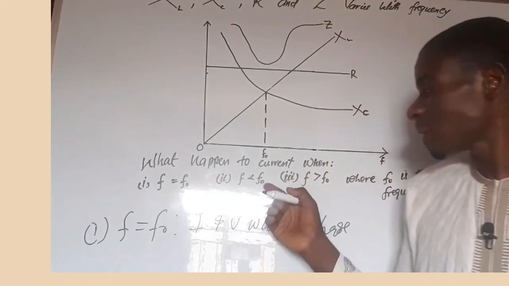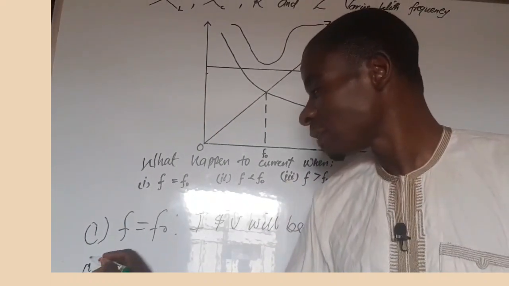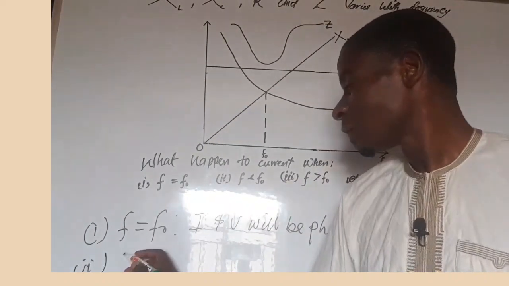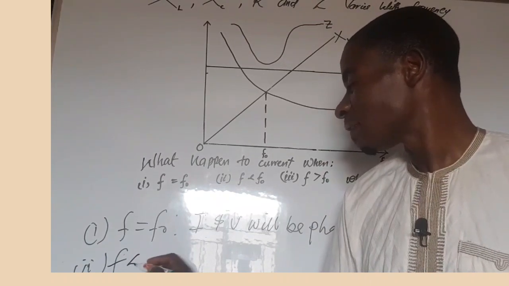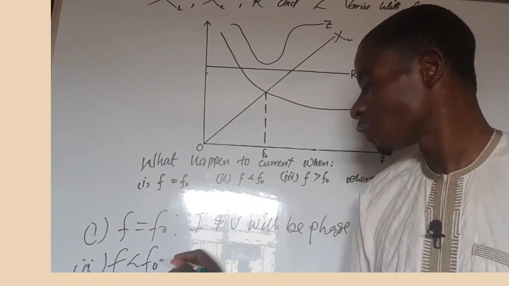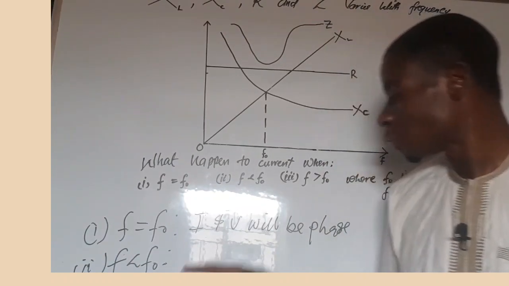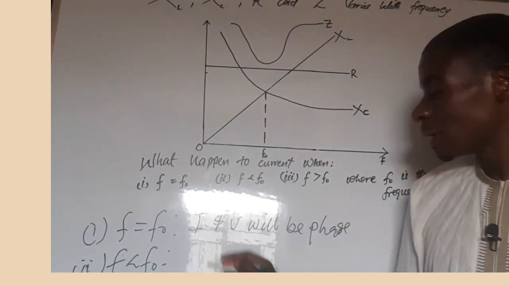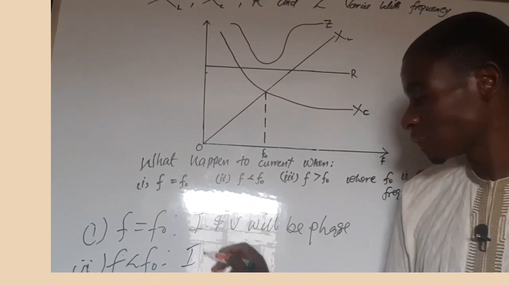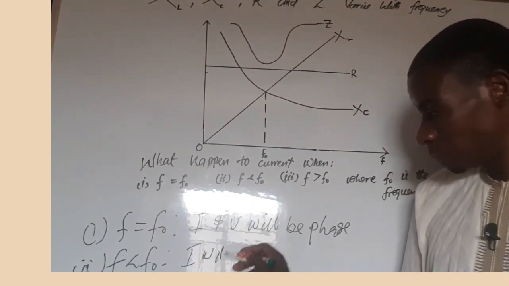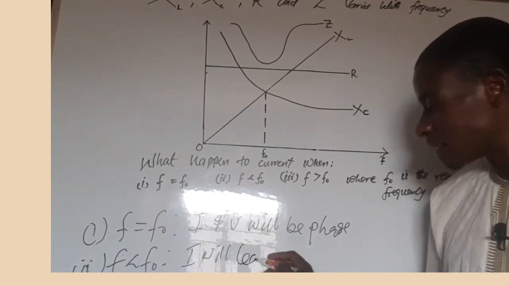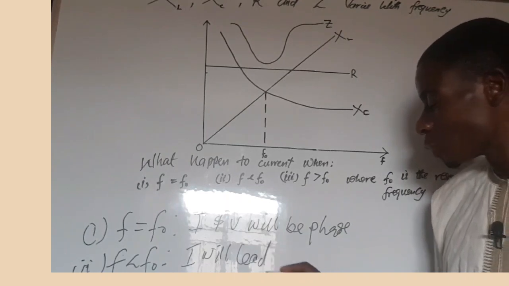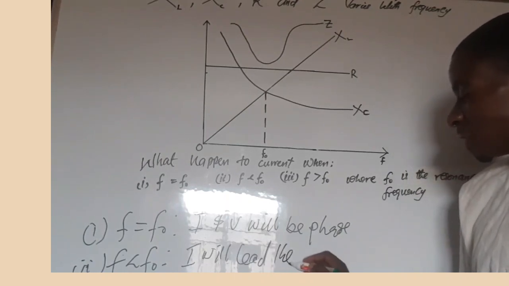Then the second case, that is if f is less than f naught, what is going to happen? The current this time around will lead the voltage.